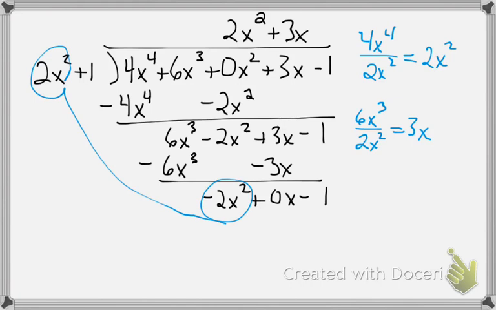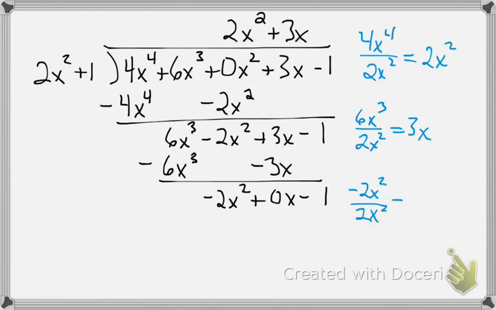2x squared goes into negative 2x squared, negative once. On the side, if I take negative 2x squared divided by 2x squared, I get negative 1. And so we write minus 1, and then that minus 1 gets multiplied through, negative 2x squared minus 1, and then flip your signs because we're subtracting, and then 0x. 0 everything.